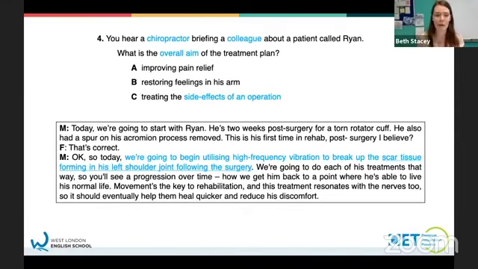And he keeps talking about movement is the key to rehabilitation. So everything there, including this treatment resonates with the nerves too, so it should eventually help them heal quicker. Everything here and his overall aim then is treating the side effects of an operation. So C is our answer here.